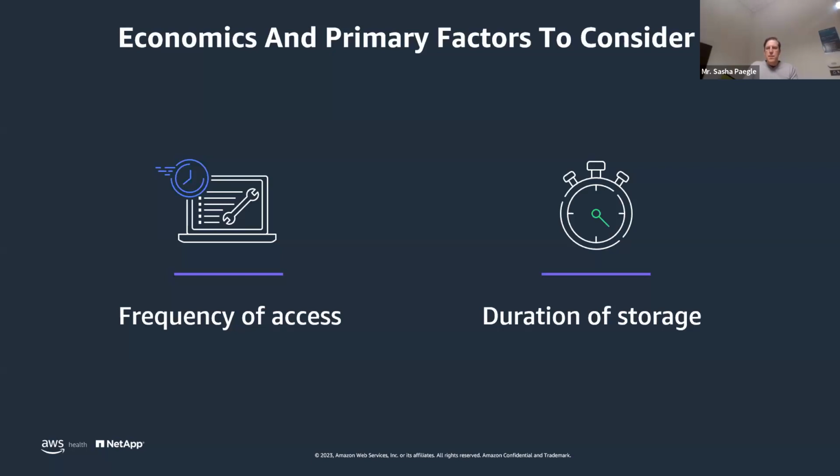There's usually some sort of cost to actually touch and retrieve those images. So in the case of, say, archive storage, the monthly cost to store is low, but there could be a transaction cost to actually request those images, bring them back, and make them available for access.